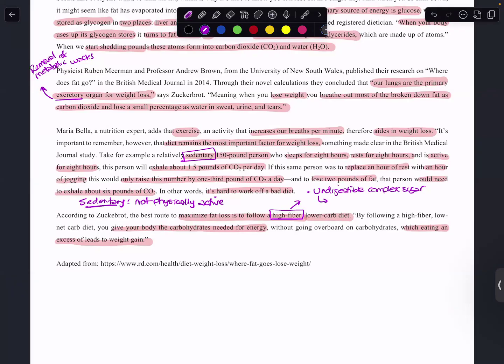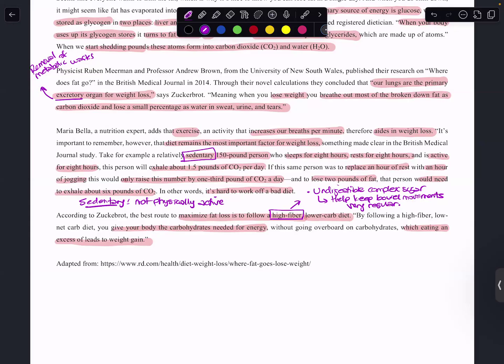But the function of fiber in our diet is to help keep bowel movements very regular. Okay? That's why your doctor will always encourage you to eat your vegetables because vegetables are very high in fiber.